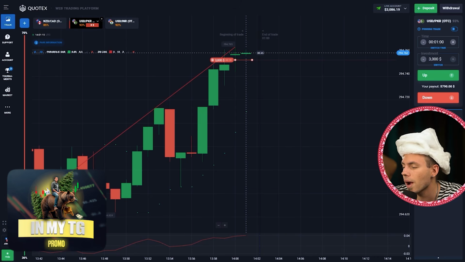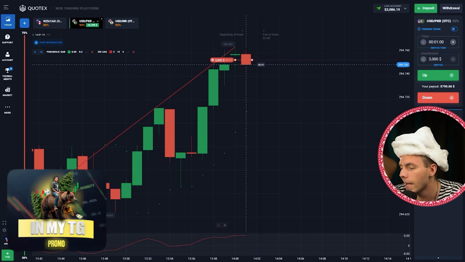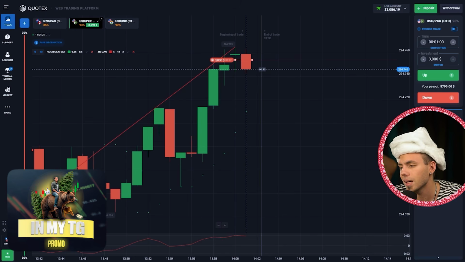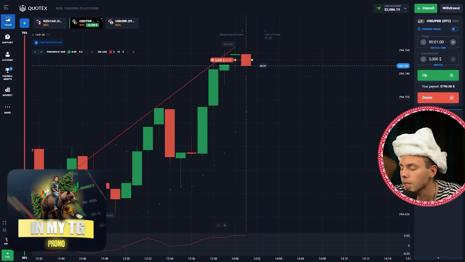Basically, that's why we will also see the rebound of the price from this level, and that's normal. Okay, we expect a move down. The overbought is too strong, and yes, a very similar situation, guys.